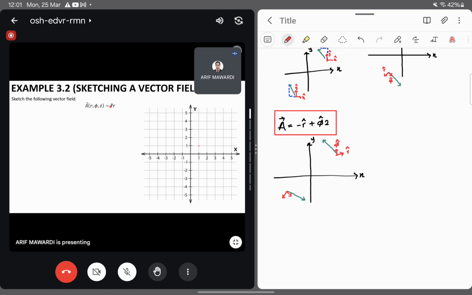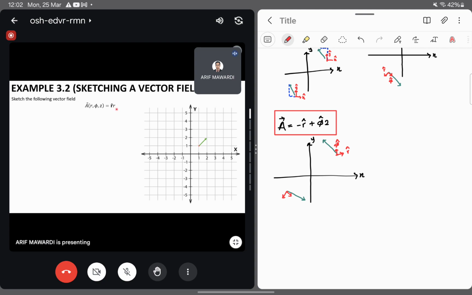The unit vector for r should be in the direction of increasing r. The unit vector first, not the vector yet. So the unit vector for r is along this direction, and the unit vector for phi, if we wanted to draw it, would be along this direction.